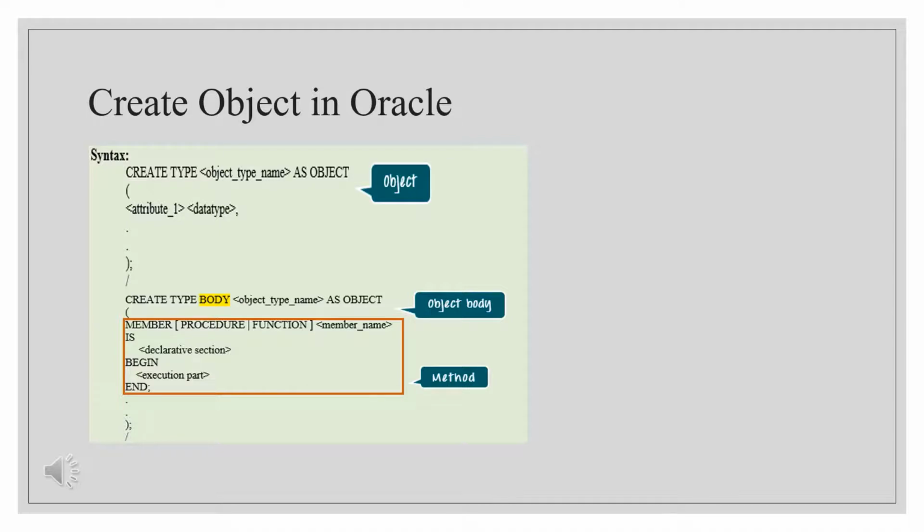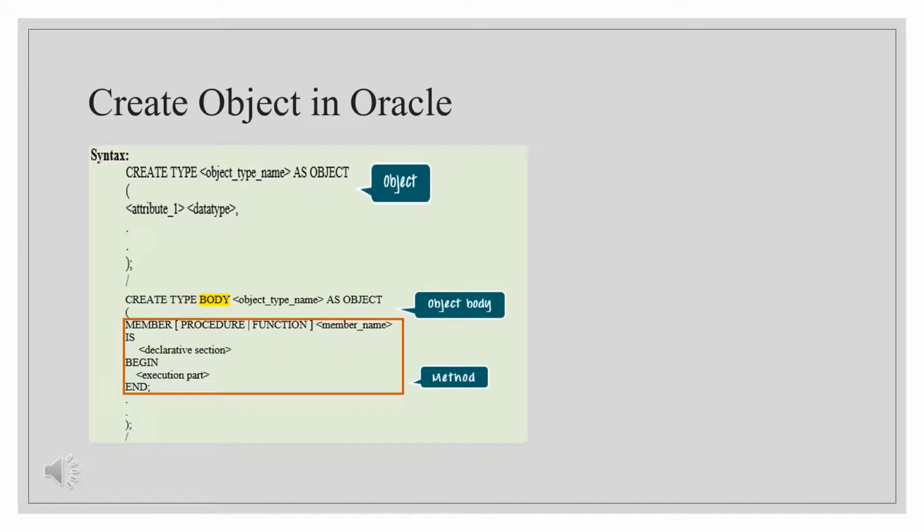First we use the keywords create or replace type, then write the object type name, and then declare it as an object by using the AS OBJECT keyword. Then inside this, we define the attributes with their data types.